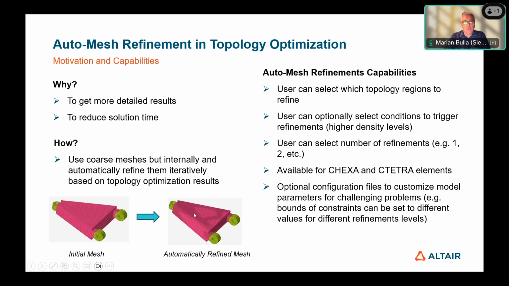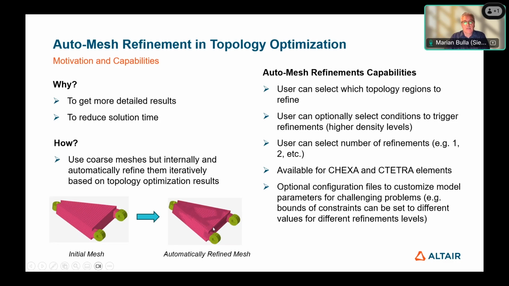Now the solver is able to define its area and refine the mesh during the simulation. So it uses the coarse meshes, but internally and automatically refines them iteratively based on topology optimization results. It is refining the mesh where it needs a little bit more detail.